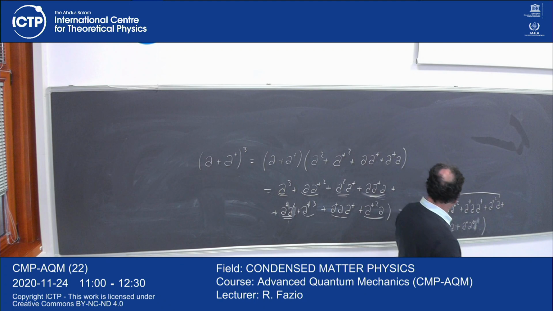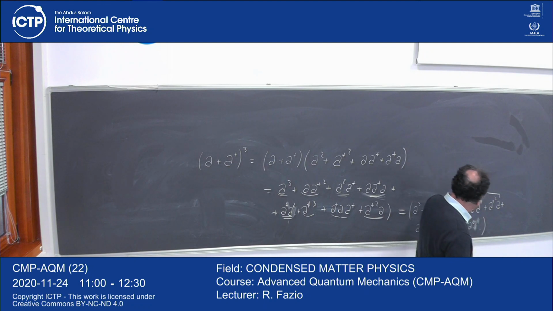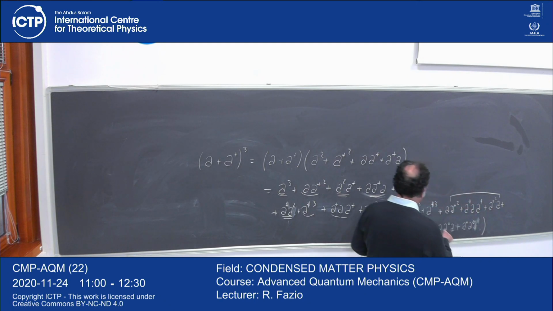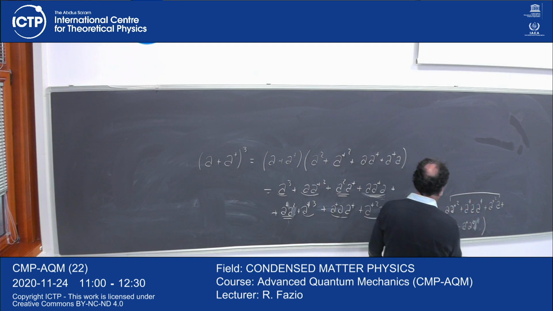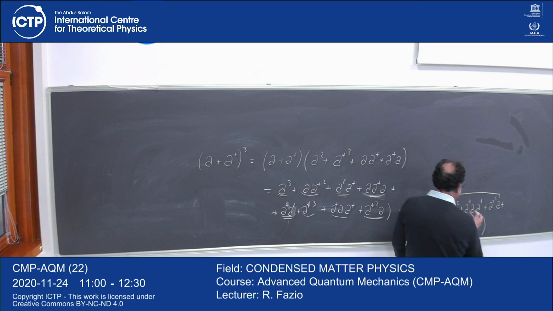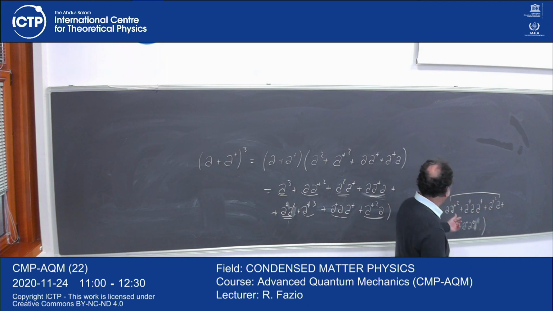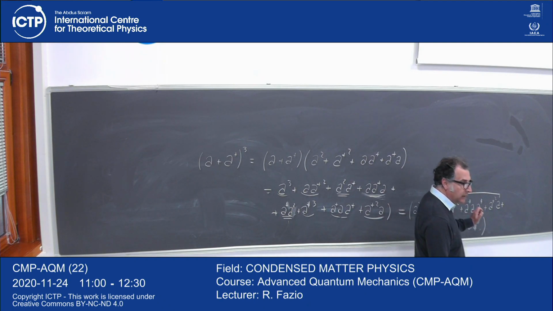So you can see that these three terms are the Hermitian conjugate of the three below, and the structure is such that there is an imbalance of 1 between daggers and A's.